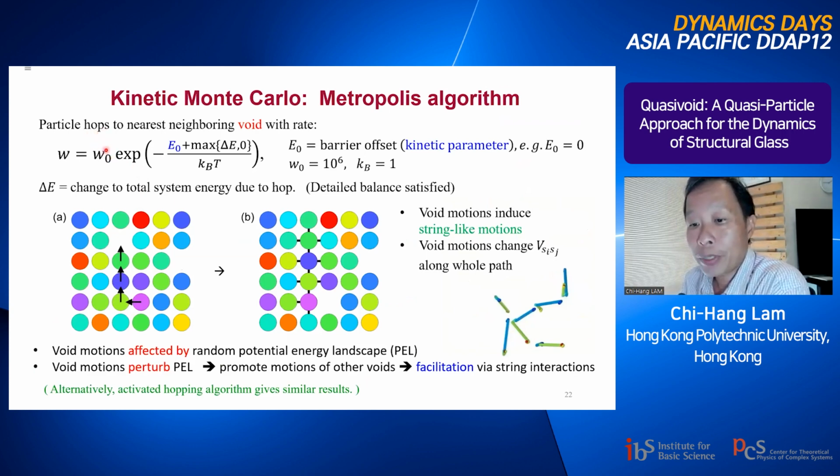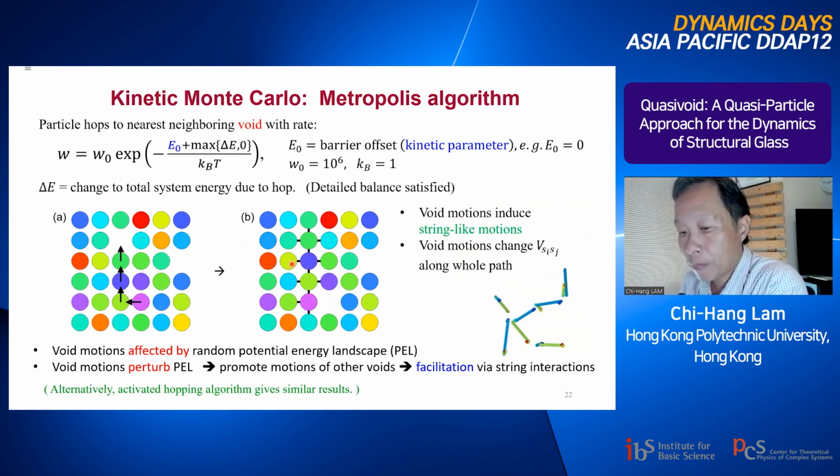When we have a void like this, the neighboring particles can hop into the void with a rate W. And W is given by this Metropolis form depending on delta E, which is the change of the total energy of the system due to the hop. It follows detailed balance.